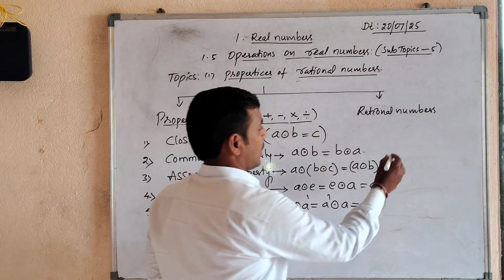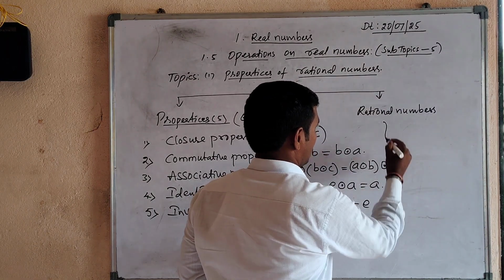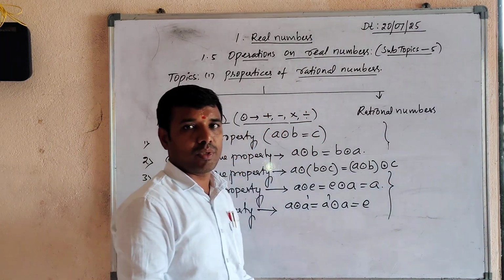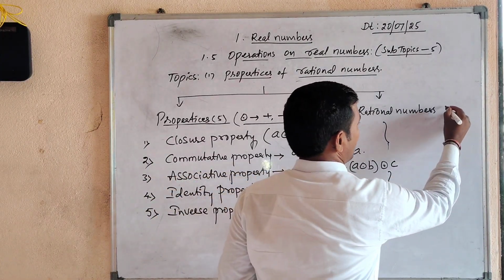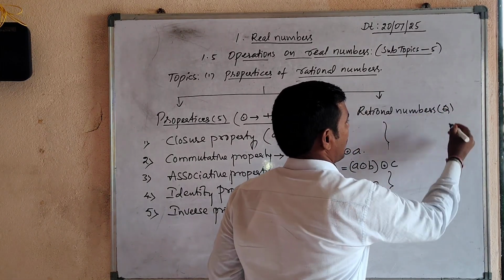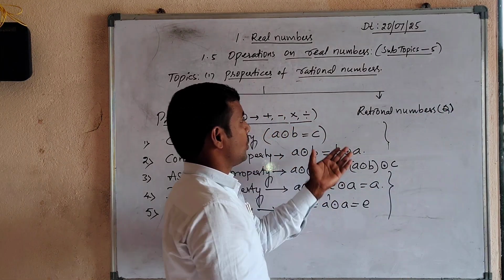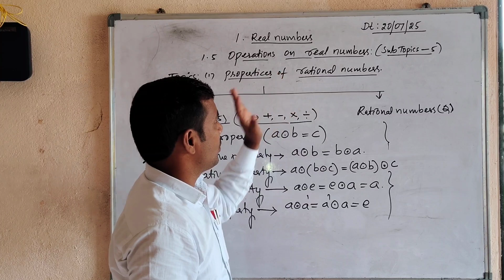Let us see one more thing: this side we want to discuss rational numbers. You know very well, rational numbers are denoted with Q, because another name is quotient numbers.